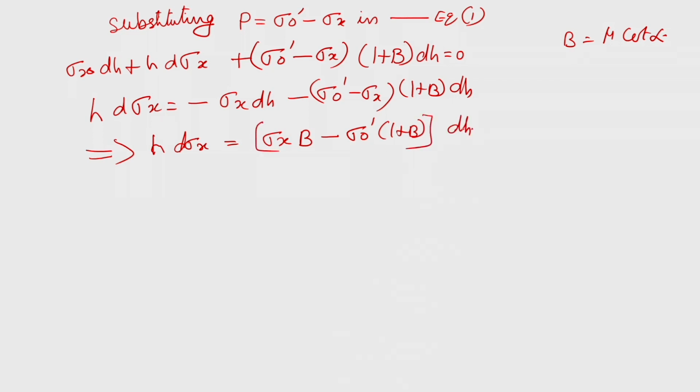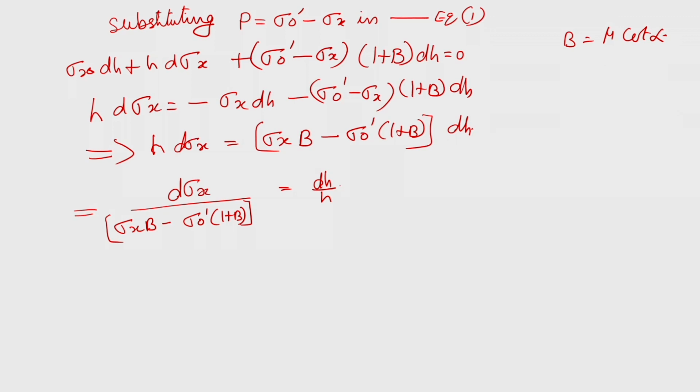From that you can get the differential equation as d sigma x divided by sigma x b minus sigma 0 dash into 1 plus b is equal to dh by h.